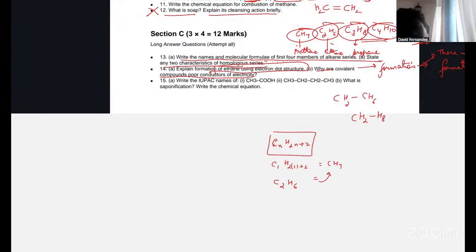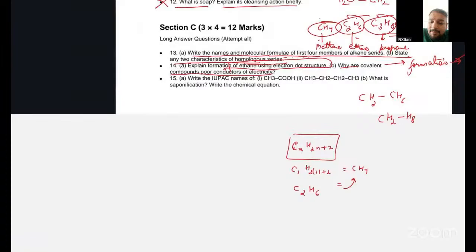What is the second part answer you wrote? Covalent compounds are poor conductors of electricity because they lack free electrons. Same thing. Free electron is not the answer. The answer is that they do not have ions, cations and anions. That is the problem.